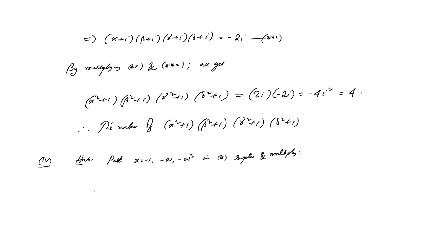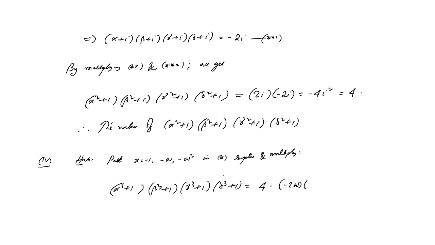As previously, you will get (alpha cube plus 1)(beta cube plus 1)(gamma cube plus 1)(delta cube plus 1). When you put minus 1, you will get 4. When you put minus omega, you will get minus 2 omega.